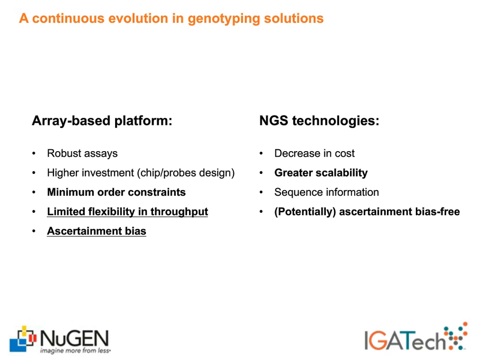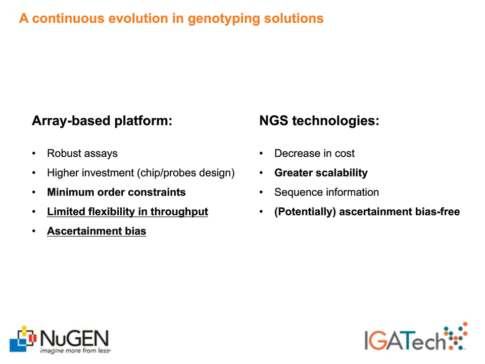So this provided a limited flexibility in the throughput. And also, mainly, they suffered the so-called ascertainment bias problem, which means that researchers used to sample the diversity that was used to design the panel instead of discovering the novel diversity within the given sample under the research, be it plant germplasm or animal diversity.